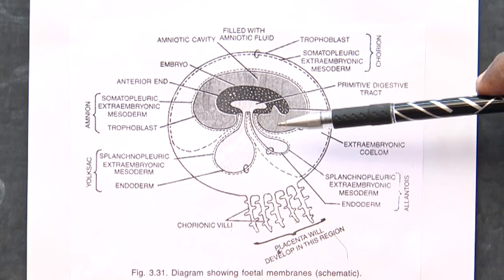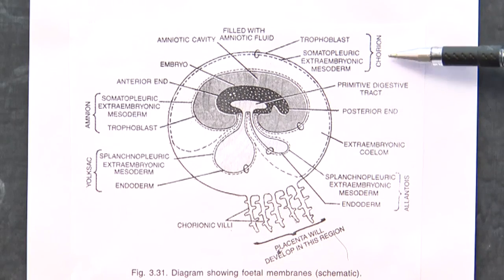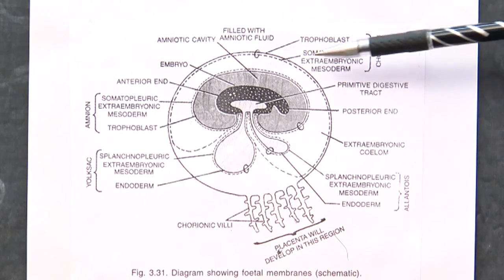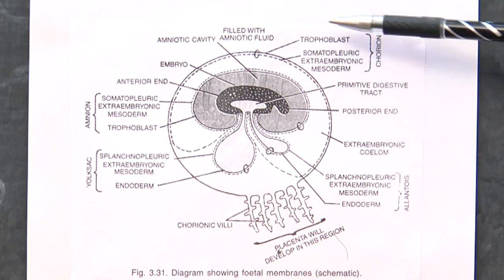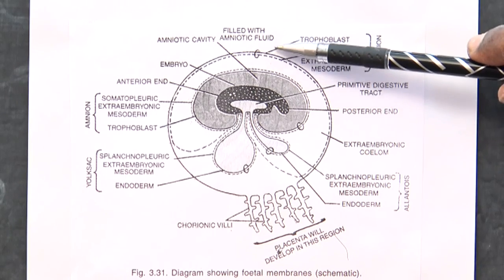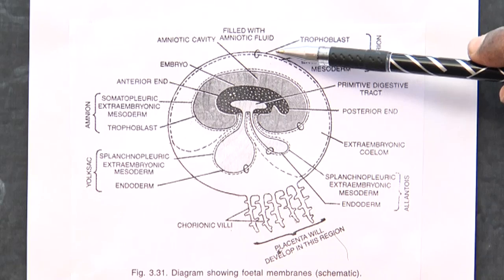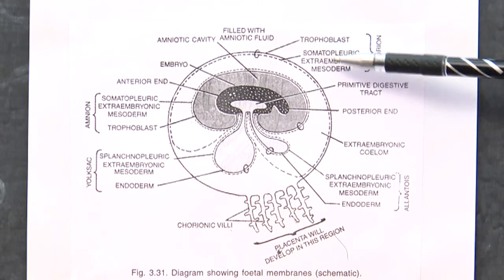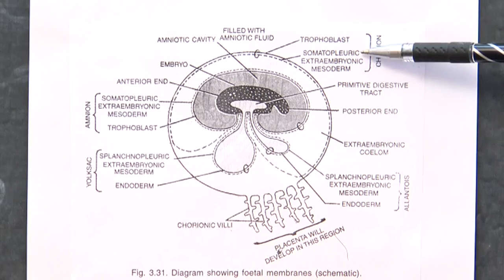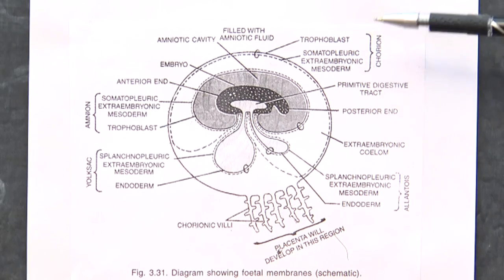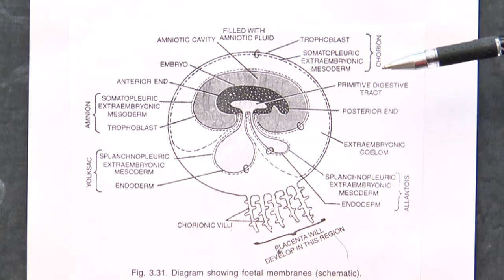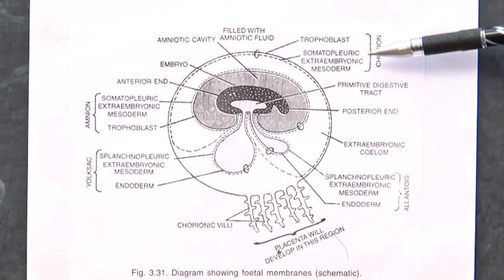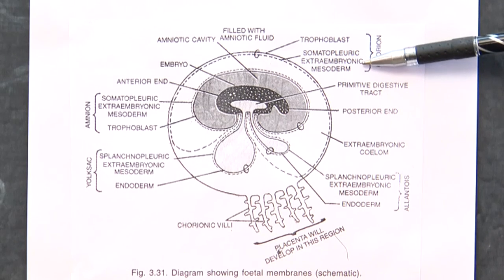Next, let us see what is chorion. Chorion is made up of the trophoblast, which is the outermost layer we have seen in the blastocyst, and it also has the somatopleuric extraembryonic membrane. So unlike yolk sac and allantois, here it is made up of the trophoblast and the somatopleuric extraembryonic membrane.